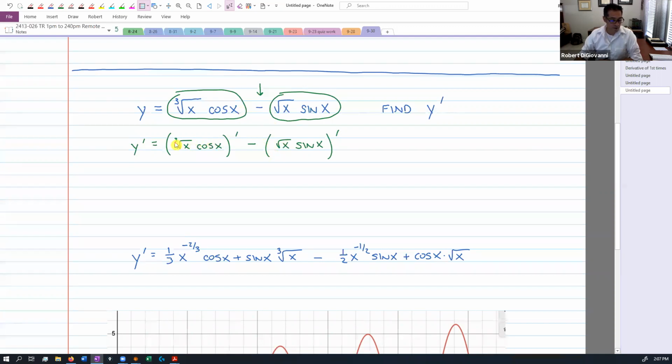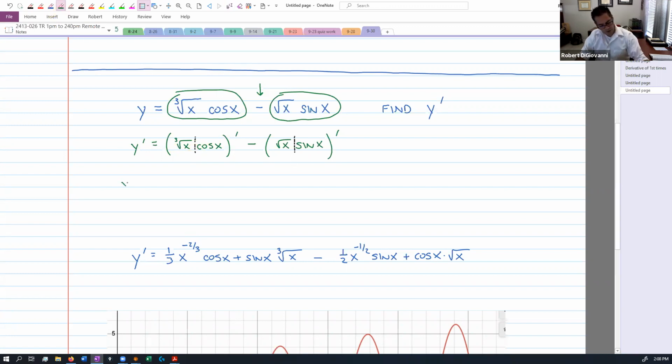But when I go to take the derivative of this, I see that I have a product. I also have a product right there. So I'm going to have two products to do, but they're separate from one another. They live in their own universes here. In this first one, I apply the product rule.